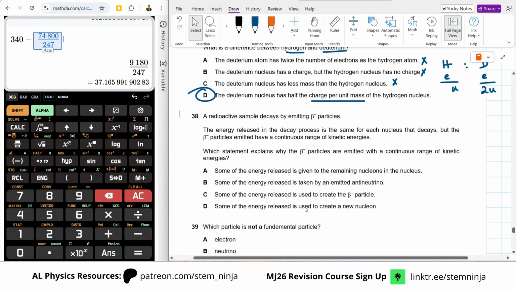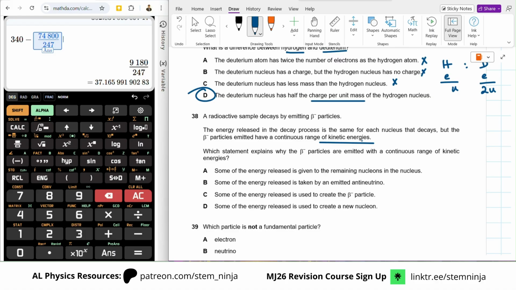A radioactive sample decays by emitting beta negative particles. The energy released in the decay process is the same for each nucleus that decays, but the beta negative particles emitted have a continuous range of kinetic energies.